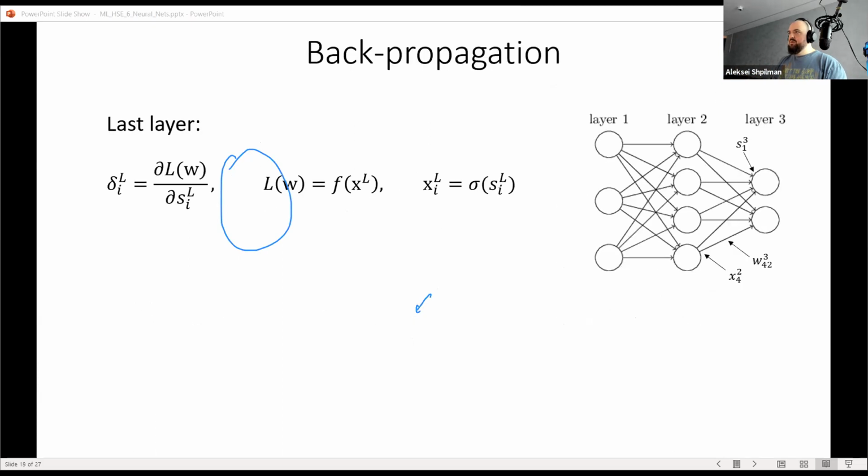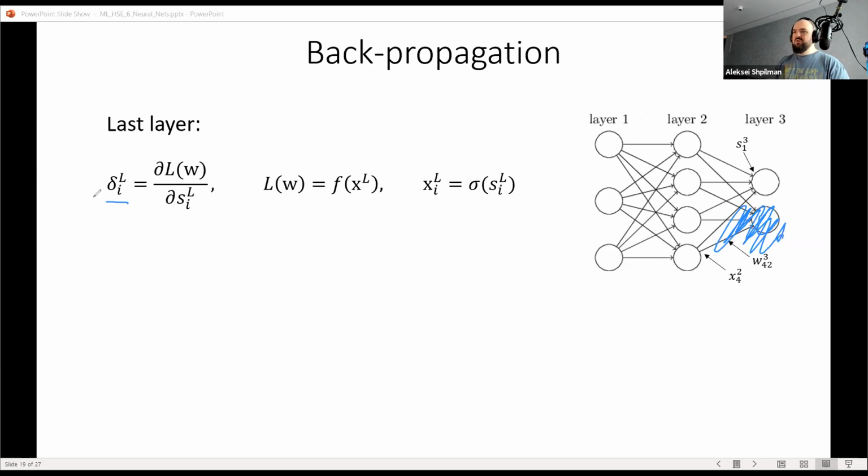Okay, so how do we do that? Well, it's called backpropagation for a reason. Let's start from the last neuron, the last layer. For the last layer, let's say we have logistic regression, so only one neuron.